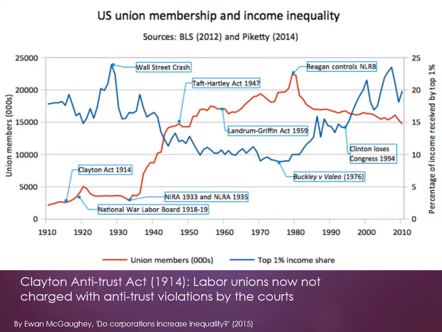But one of the nasty aspects of this was that it was applied more to labor unions than to corporations. Workers were accused of violating the Antitrust Act by combining together. The court said it was a restraint of trade.